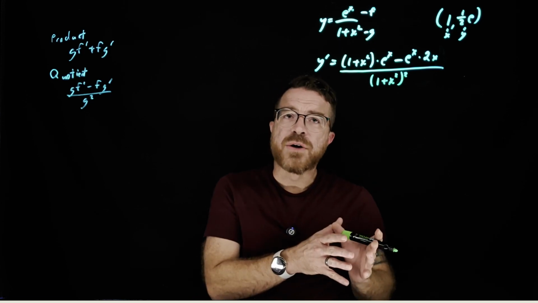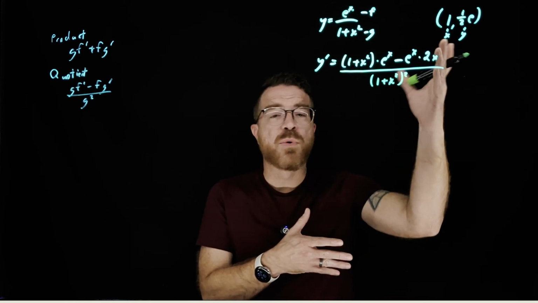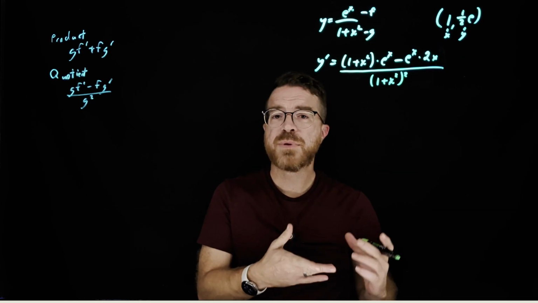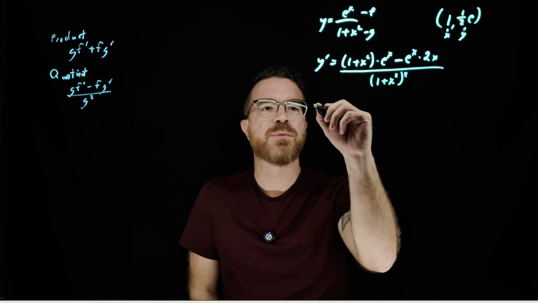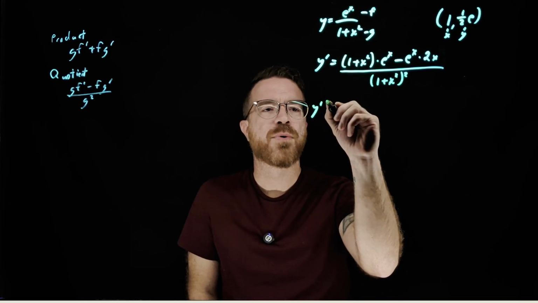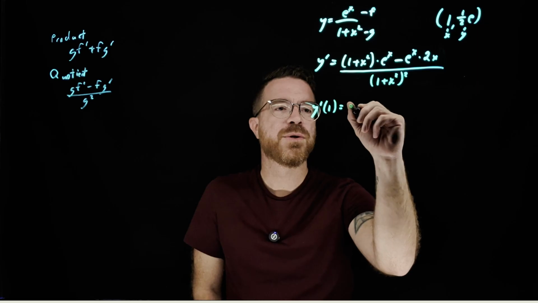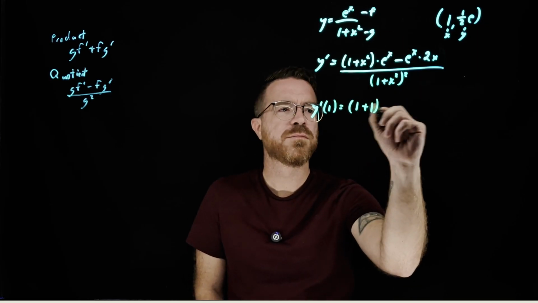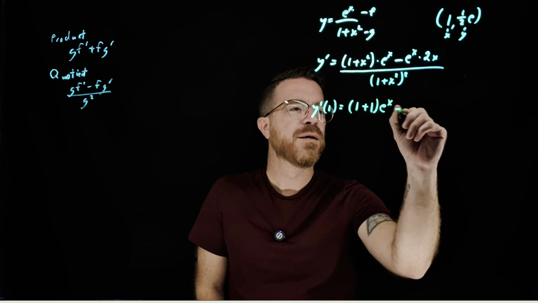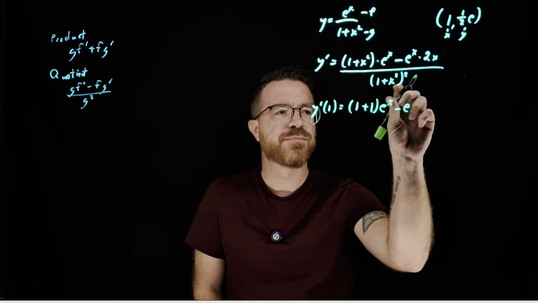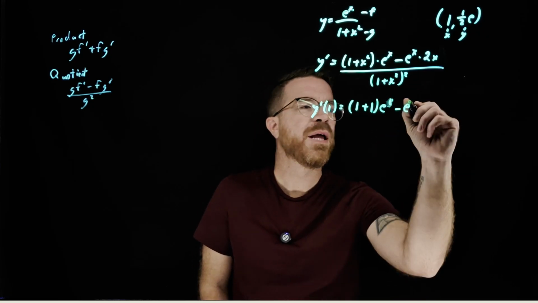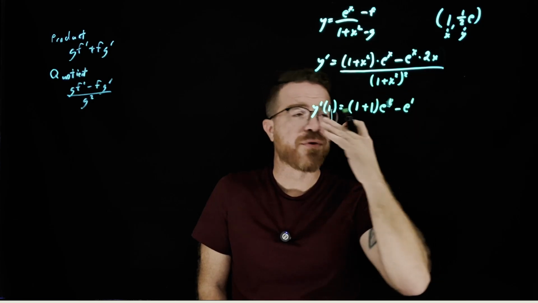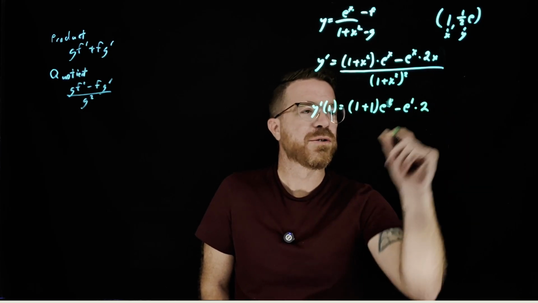Now there are two ways you can solve this. Since we want to find it at the point 1, 1/2 e, you could plug in your x now, which would give you y prime of 1 is equal to 1 plus 1 squared times e to the x minus, actually plug in 1 for that too, e to the 1, e to the x, plug in 1 for x, times 2x.